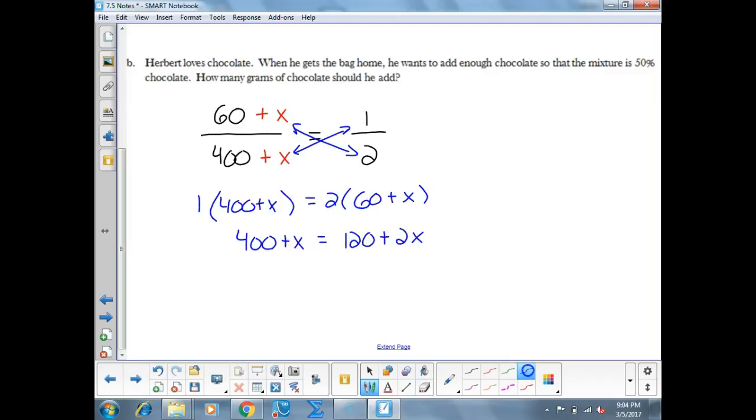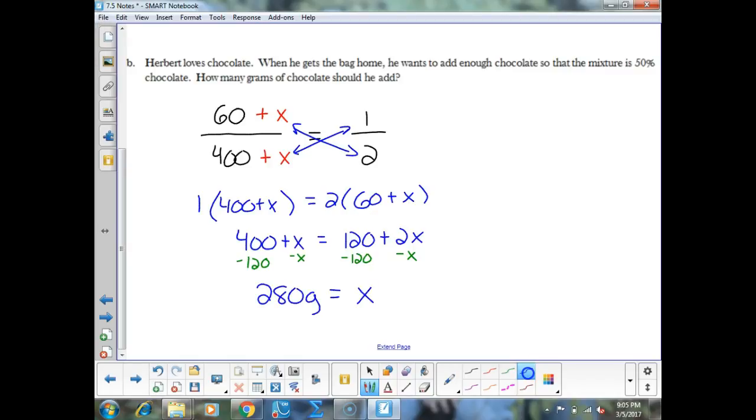And I want to solve for X. Okay? Well, if I subtract X from both sides, and at the same time I subtract 120, I get 280 grams is equal to X. So he's got to add 280 grams of chocolate.